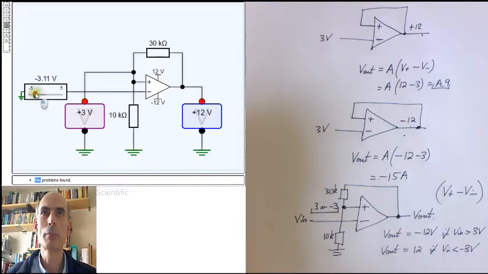There it goes. And it will stay in positive saturation. Doesn't matter what the input voltage is, until the input voltage gets back to 3 volts, at which point the inverting input would be above the non-inverting input, and the op-amp would go back into negative saturation.